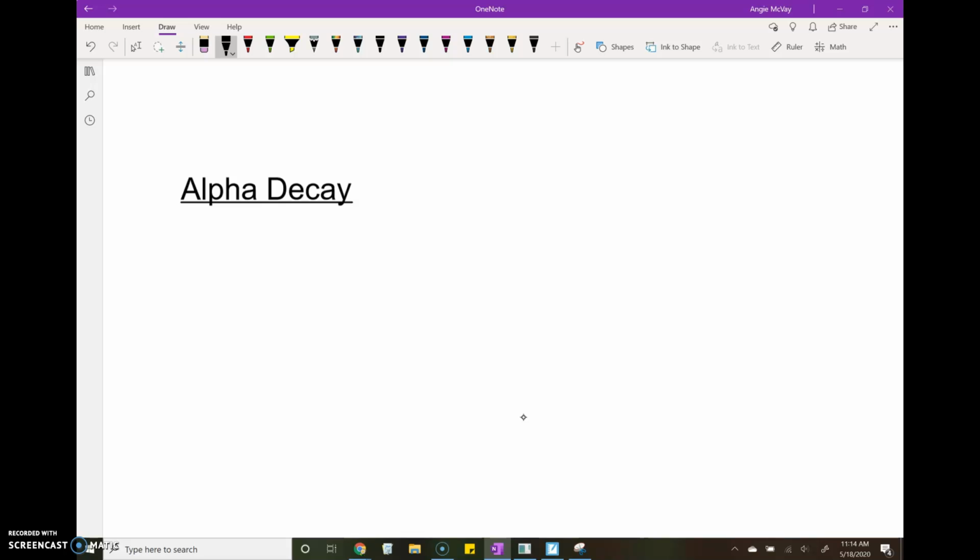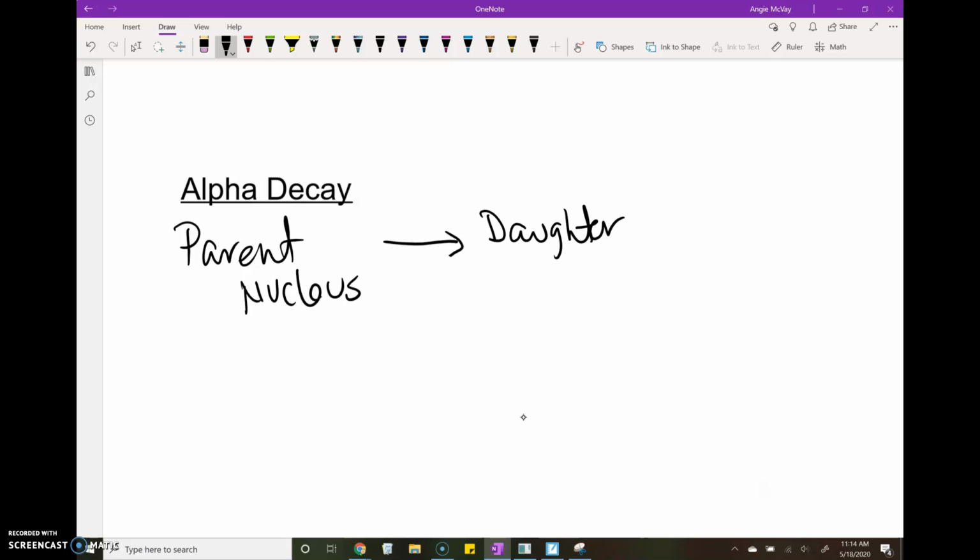And you probably noticed that there was a parent nucleus that decayed into, so this is an official symbol in this sort of equation, decayed into a daughter nucleus plus an alpha particle.